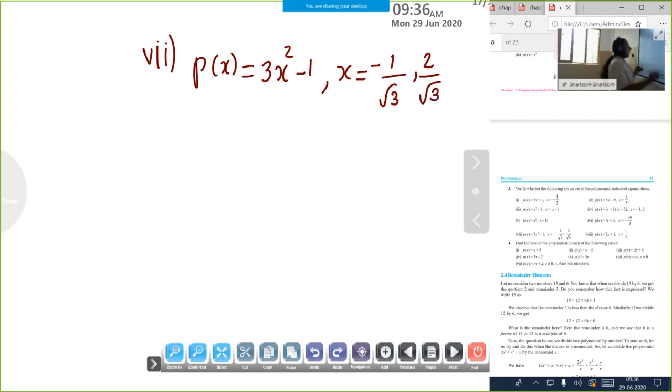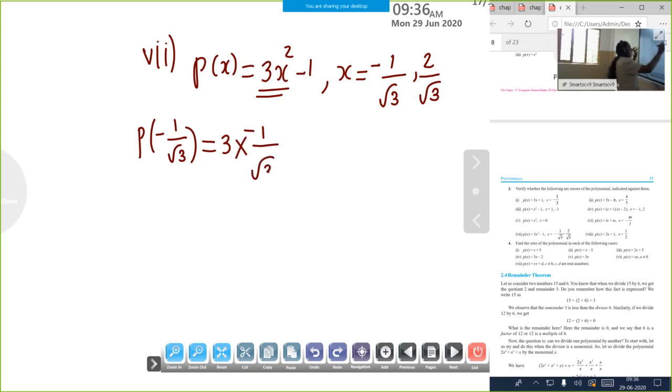First we need to find P of minus 1 by root 3 equals 3x square. That's our first term, 3 into x square, minus 1 by root 3 into minus 1 by root 3. Again second term is minus 1.